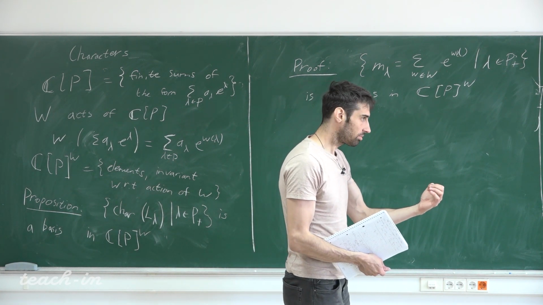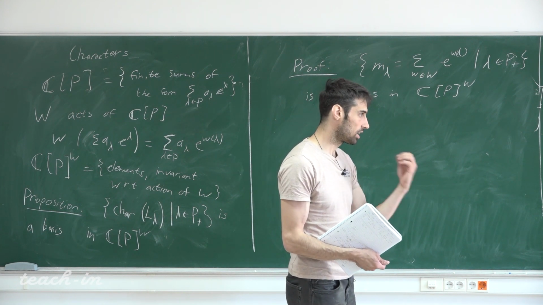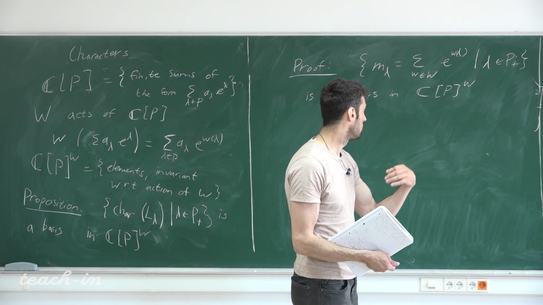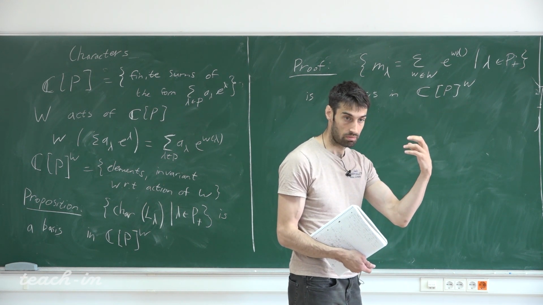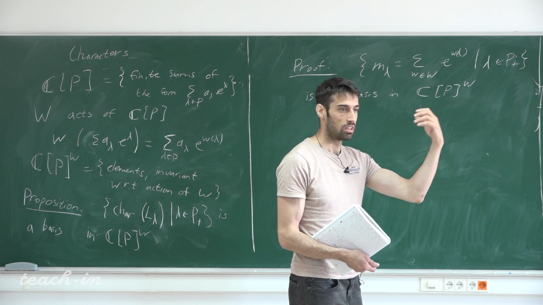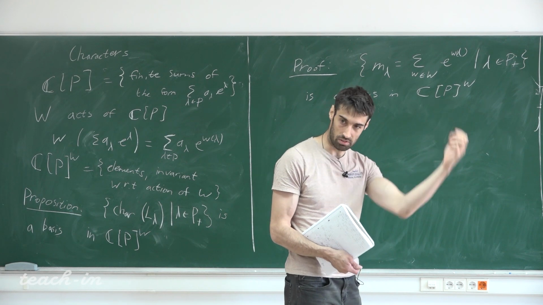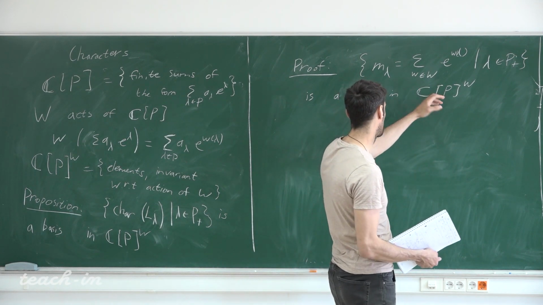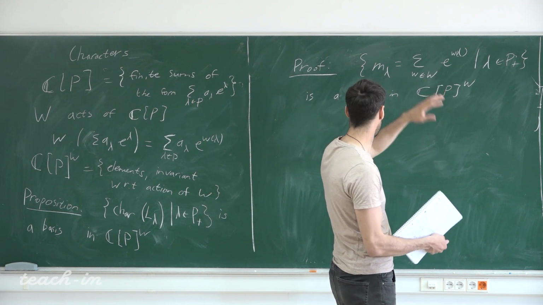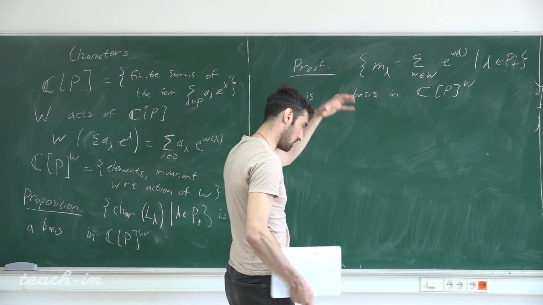But then each such orbit should have some term e to the lambda, where lambda is in P plus, because each orbit has a unique representative in P plus, and that's exactly it. So you break down your element of C of P W into such sums.